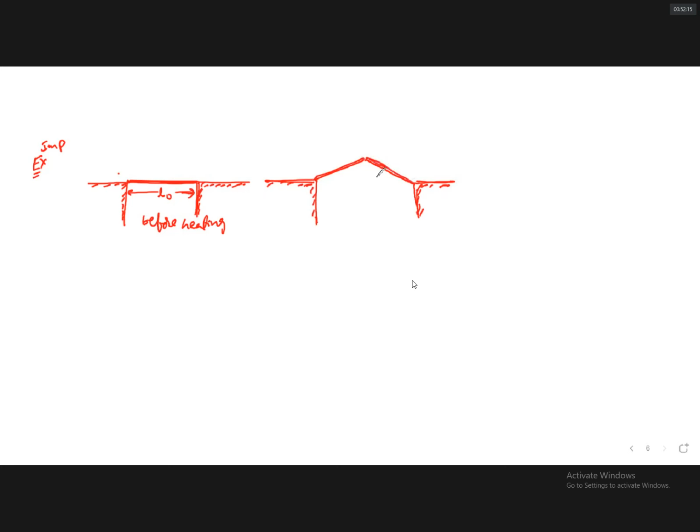Buckle means it is about to break, at that instant when the temperature is increased by some delta T.